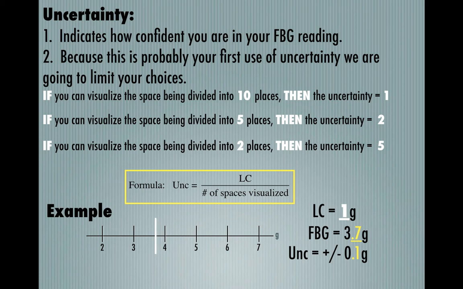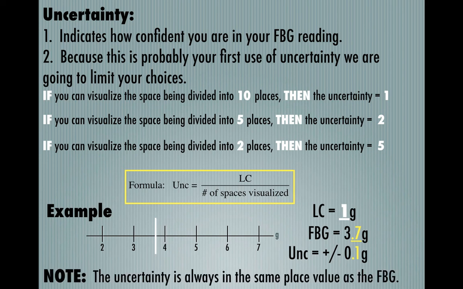Notice that the digit is a 1, and a 1 means I'm fairly certain because I could divide that space between the tick marks into 10 places. So the 1 isn't in the 1's place. In this case, it's in the 10th place because the uncertainty is always in the same place value as the guess.